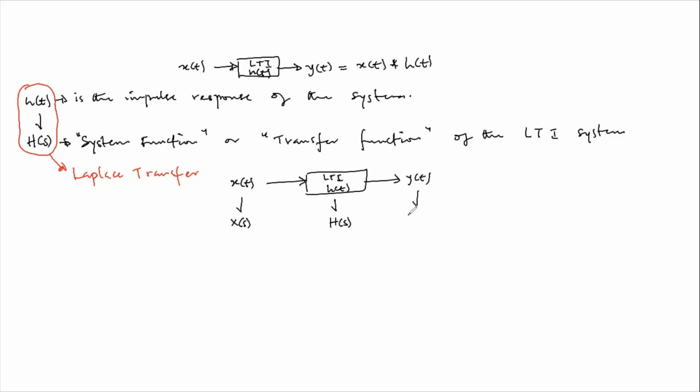The Laplace transform of Y of t gives Y of s. What we are saying here is that the system function H of s is the ratio of the Laplace transform of the output Y of s to the Laplace transform of the input, considering the fact that all initial conditions are set to 0.